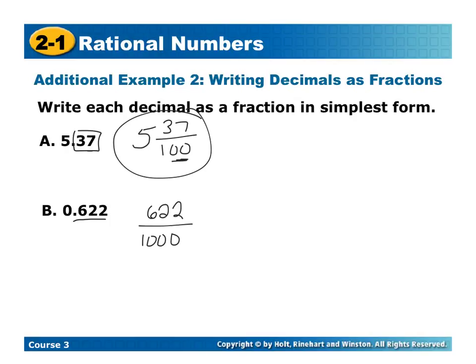So 622 divided by 2 is going to give me 311. Now 1,000 divided by 2 would be 500. Now I'm not sure about 311, but I'm pretty sure we can't reduce this any further. So we're going to say that this is fine for now.